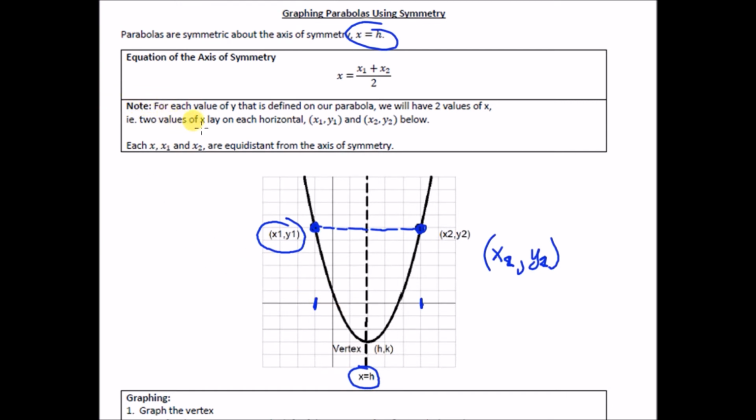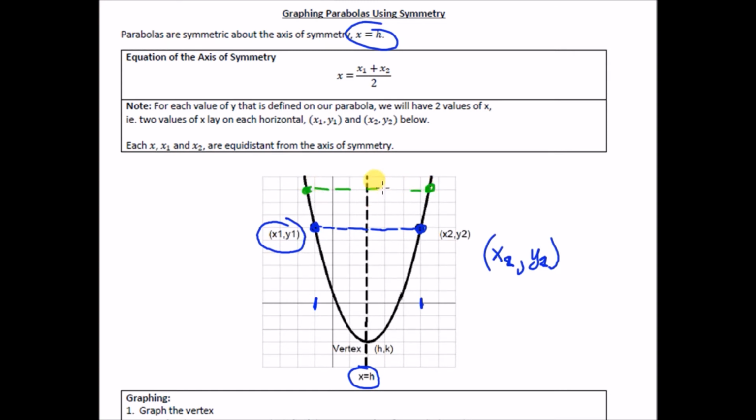Here's a note. For each value of y that is defined on our parabola, there are always going to be two values of x, except for the vertex. This means that two values of x lie on each horizontal. I'll highlight another one, this one and this one.